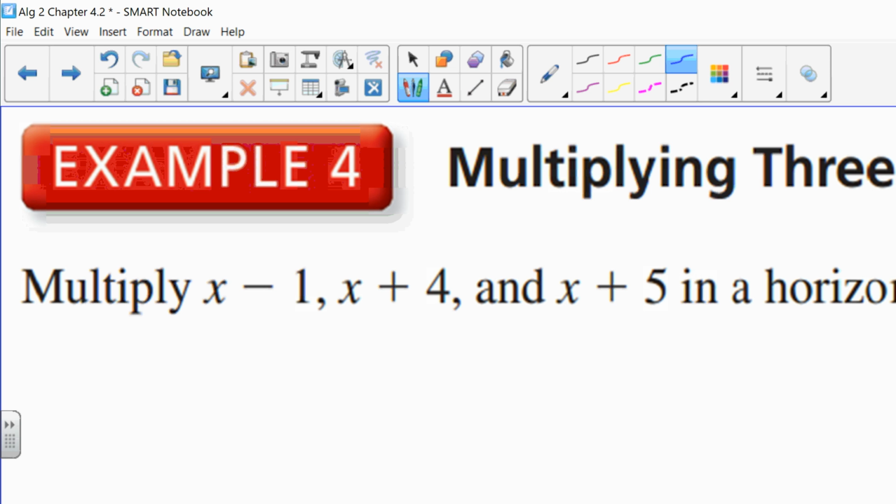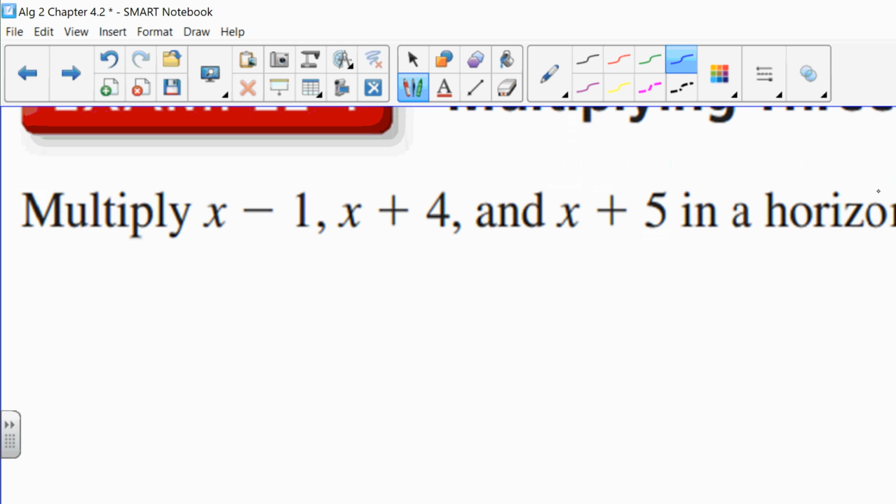Let's look at example 4, multiplying 3 binomials. This here really isn't any different than what we just did. We just now have 3 terms, 3 things we're multiplying together instead of 2.